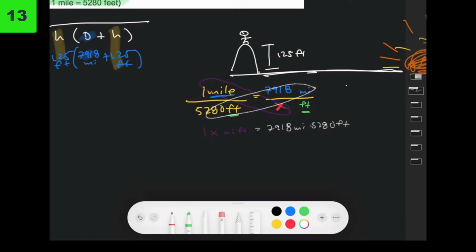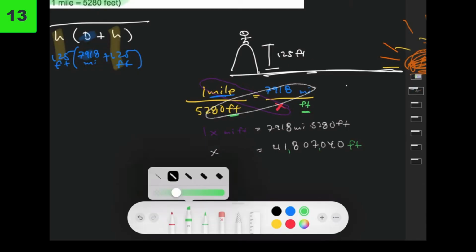It's going to give me some big amount here. 41,807,040. And basically you put a comma for every 3 digits. Okay, so this is how many feet.